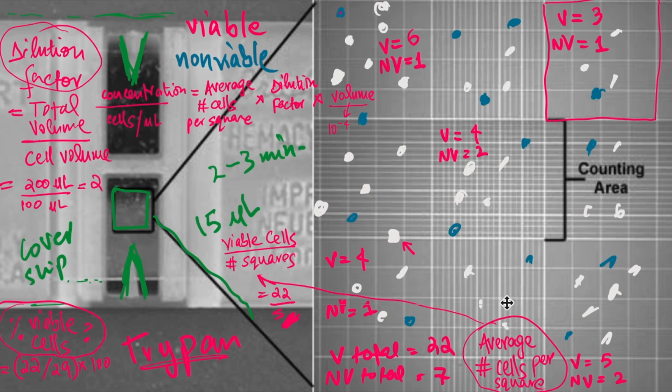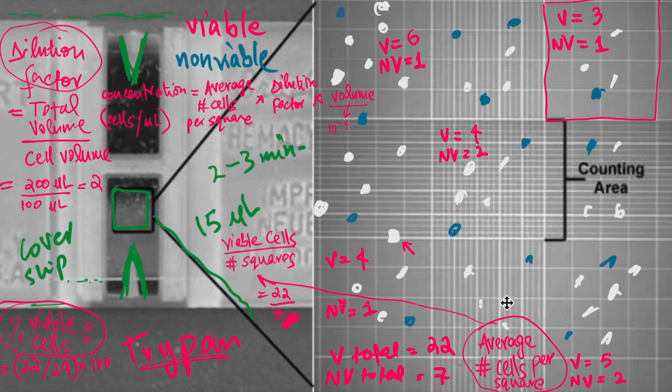Right, so that is pretty much it as far as cell counting on a hemocytometer slide or a chamber is concerned. You get to see exactly how many cells are there, and you get to count them, and then there are certain parameters that you have to evaluate.